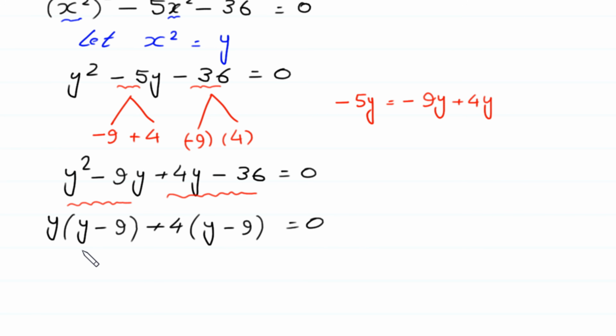Now as you can see, this factor y minus 9 is a common factor, so we factor out y minus 9 as a common factor, and in bracket this y and this plus 4, y plus 4 is equal to 0.